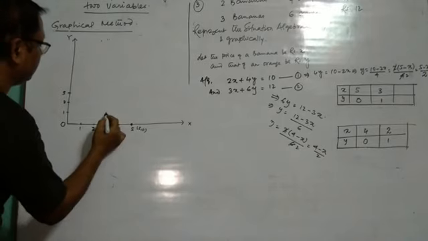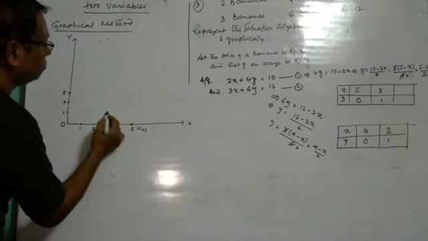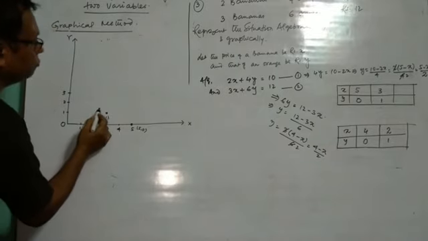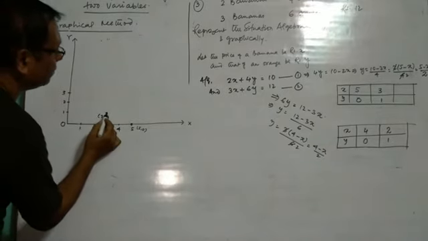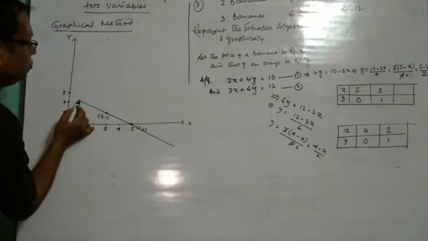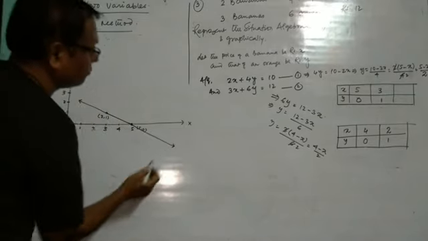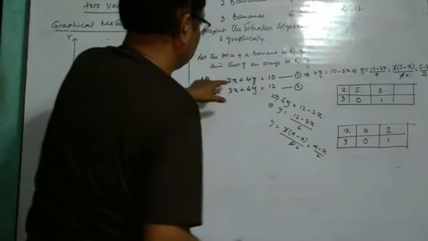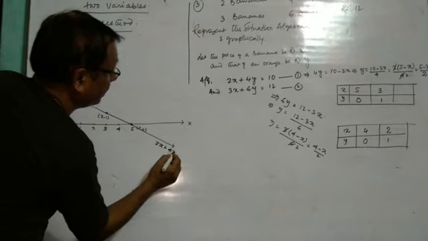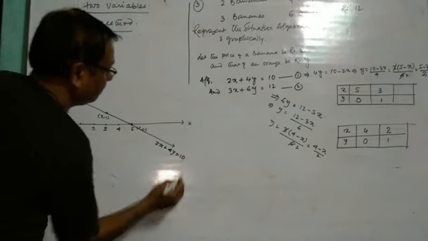This very point is 3, 1. And you join it with the help of the scale. You take the scale, join it, produce it on either side, no harm in it. And this equation is actually your 2x plus 4y is equal to 10.